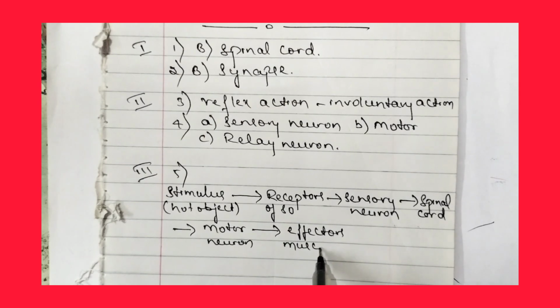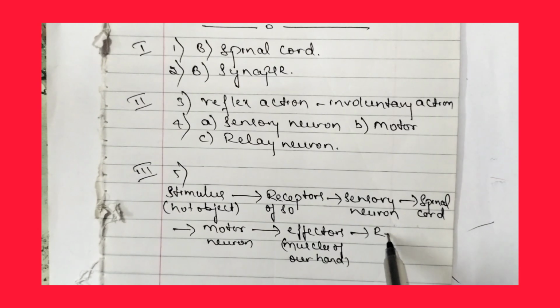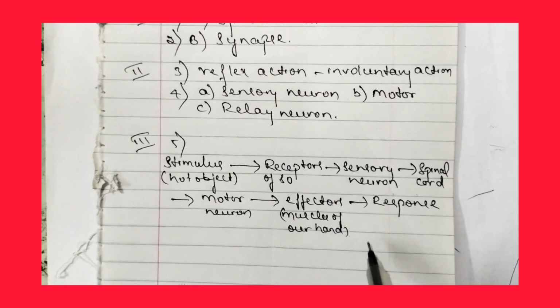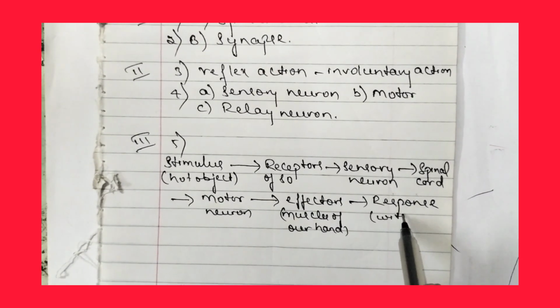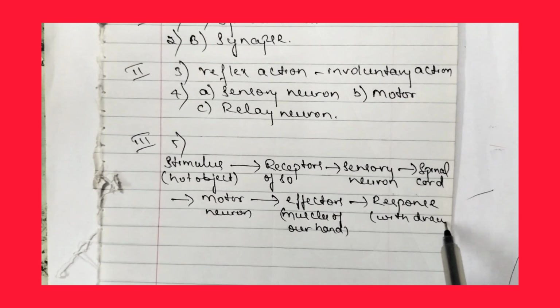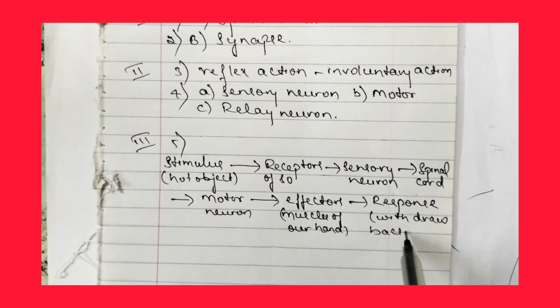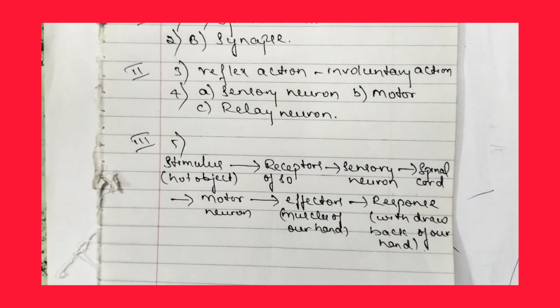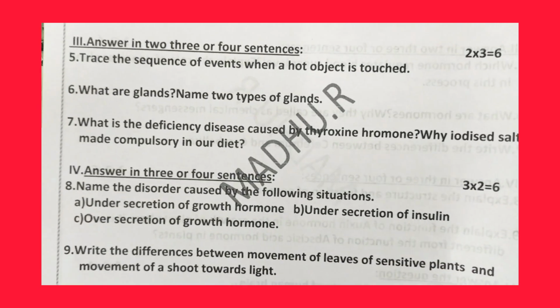Effectors are muscles of our hand. Then from there will be a response. So what is our response? The response is withdrawal of our hand. So this is the sequence that we have to write when we touch a hot object.